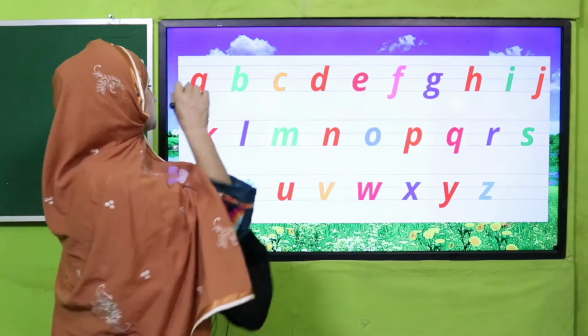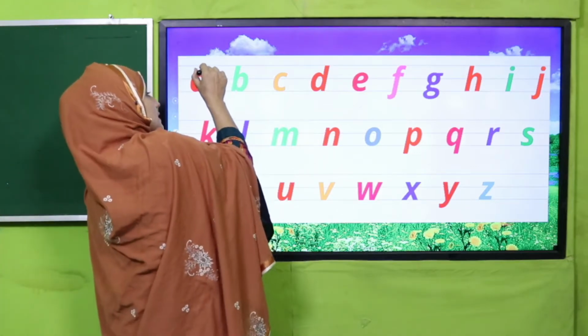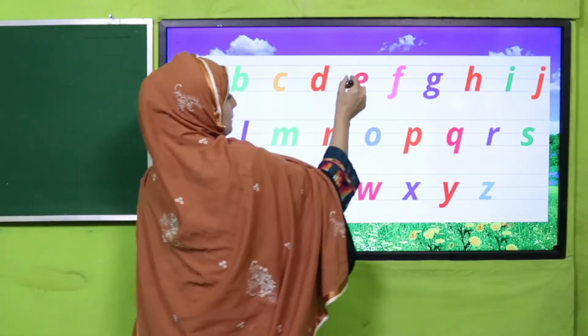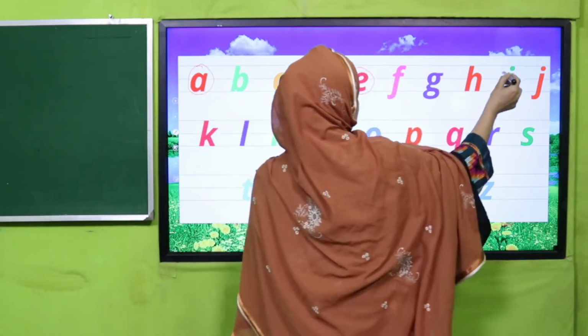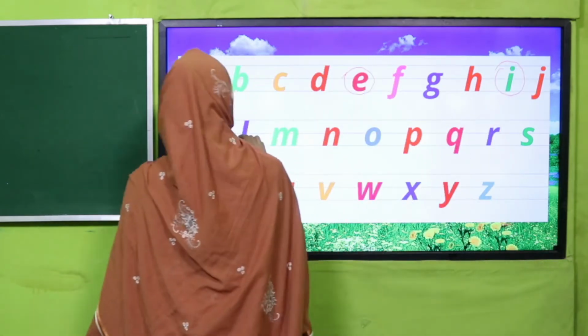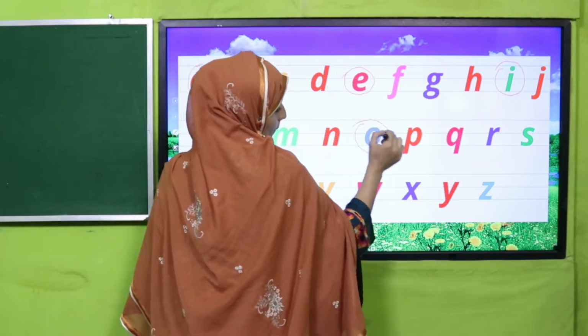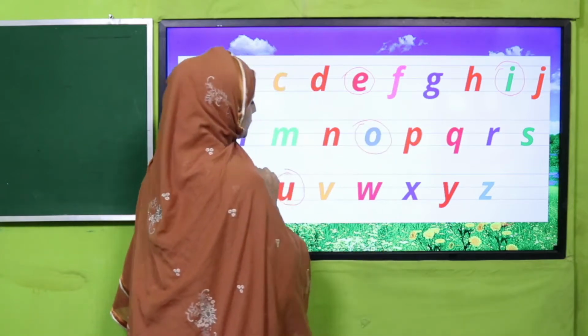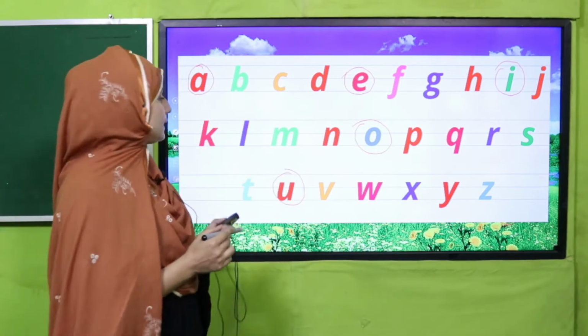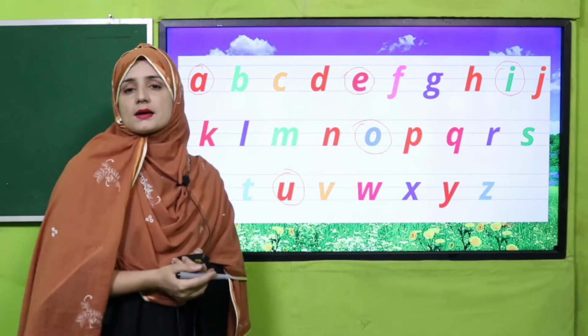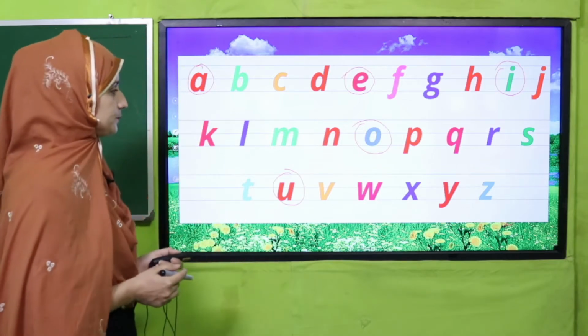The 5 vowels are A, E, I, O and U. These 5 are vowels and the other remaining letters are called consonants.